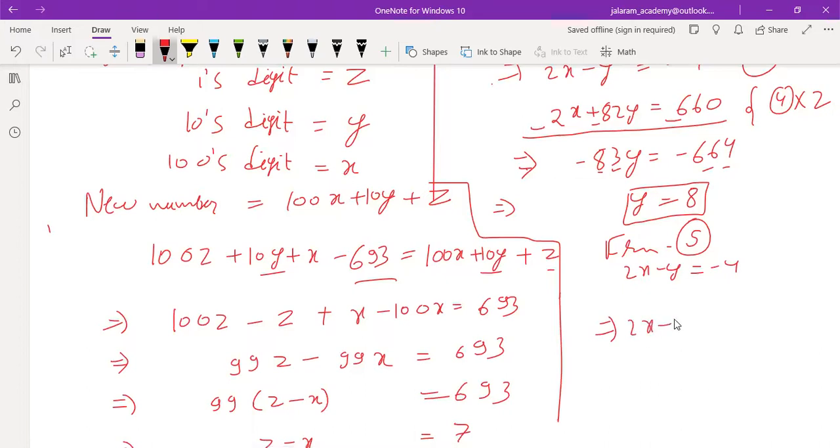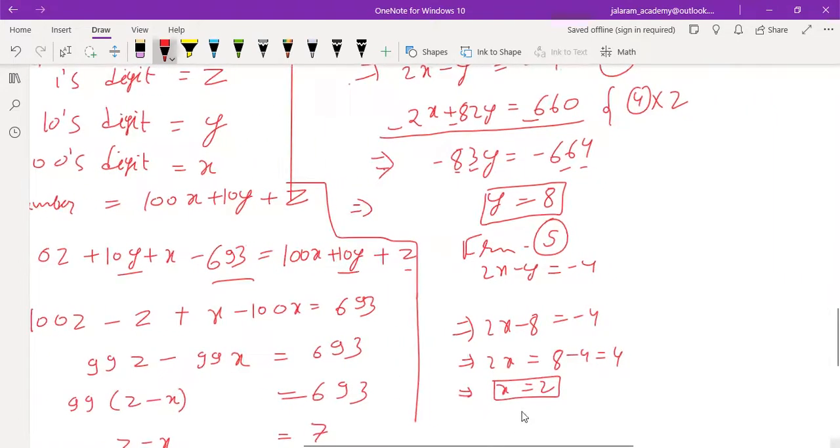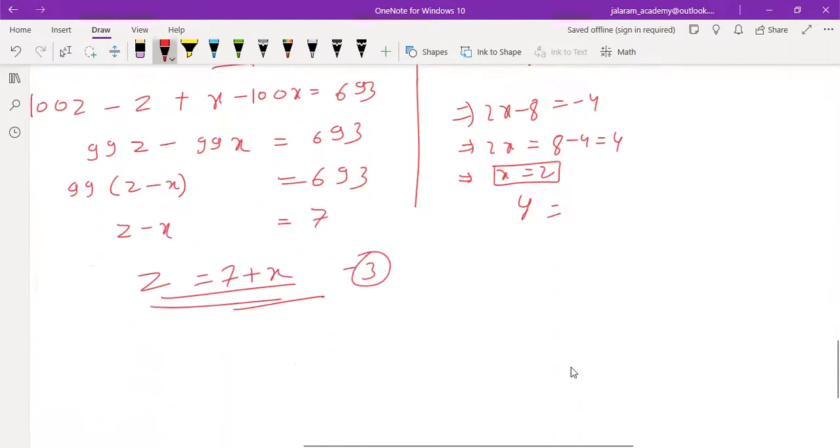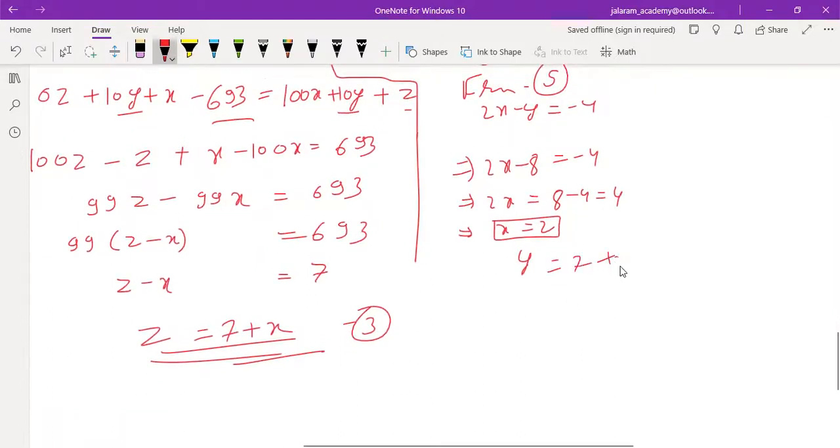It implies 2x minus 8 equals minus 4. It implies 2x equals 8 minus 4 equals 4. It implies x equals 2. And z equals 7 plus x, that is 7 plus 2 equals 9.